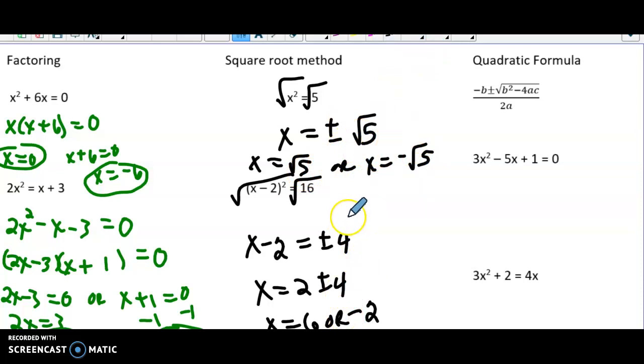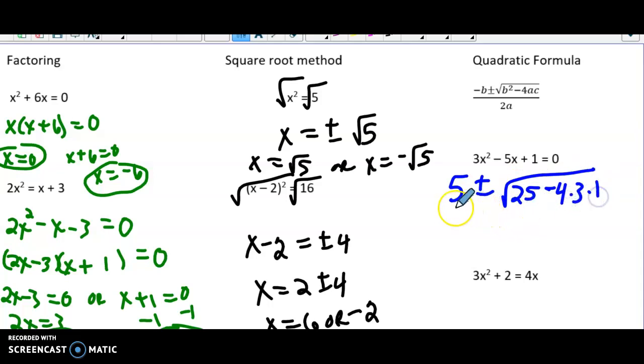We also, if all else fails, have the quadratic formula right here. It has to be set equal to 0 to work. I'll take the opposite of b, plus or minus the square root of b squared. -5 squared is 25. Minus 4 times a times c, all over 2 times 3, which is 6.